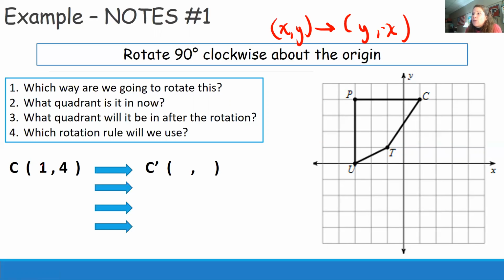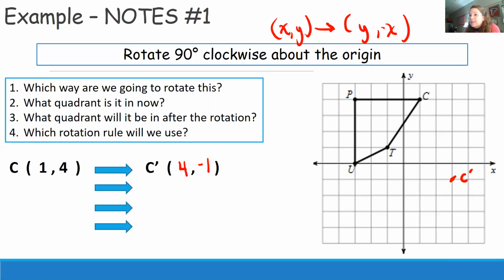So we take that 1, move it to the back, and it becomes negative. The 4 comes to the front, and it stays positive. So when we turn C 90 degrees, it's going to come down here to 4, -1, right there. It's like we're turning that figure around the origin.